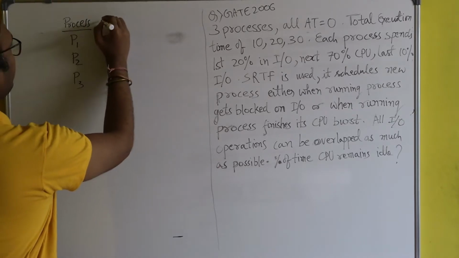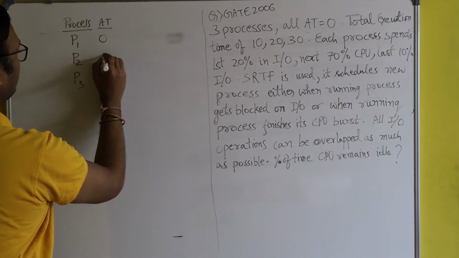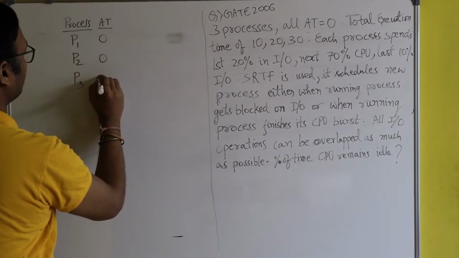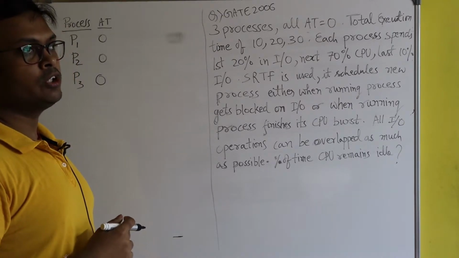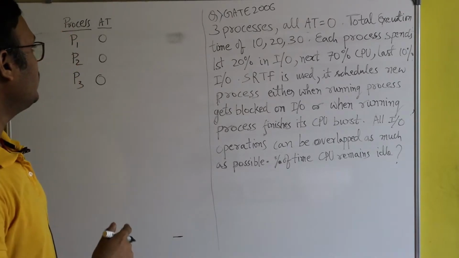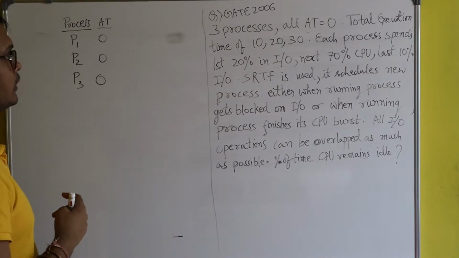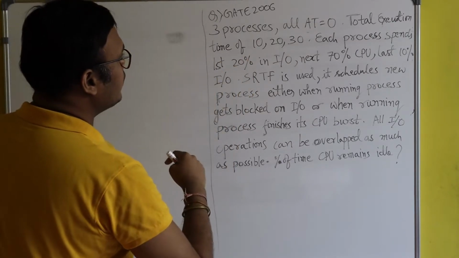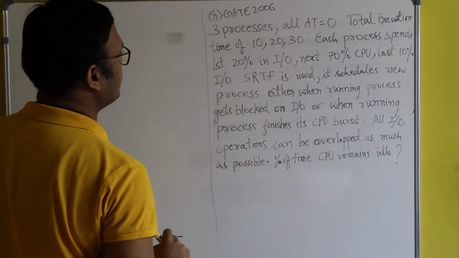All arrived at the same time. In most of the questions that we have solved, the arrival times were different for all the processes. But in this question, the arrival times are the same for all the processes. And the execution times of the processes are given as 10 units, 20 units and 30 units.